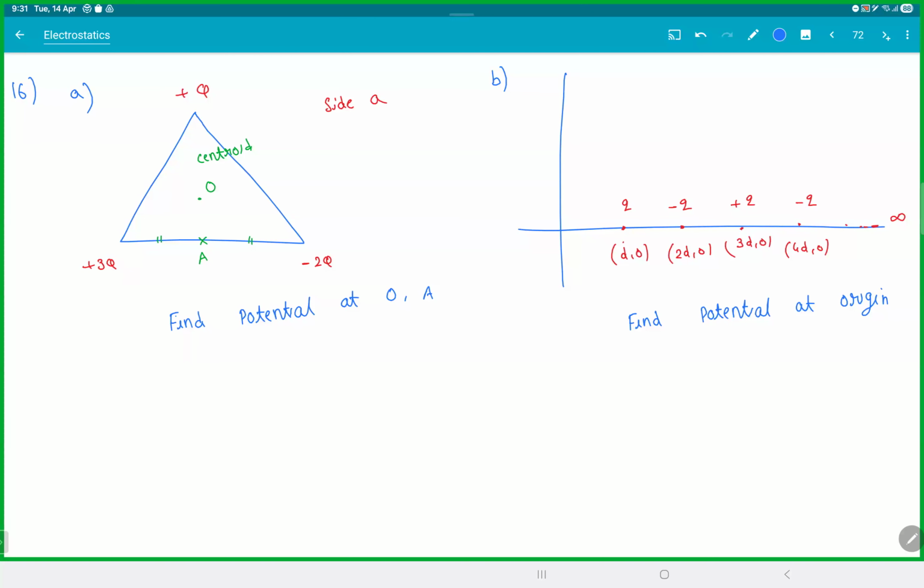Get the second one also. I'll give you another minute, then I'll show you both. Second would be a pretty good mains question. The charges are alternating, plus minus, plus minus, plus minus, till infinity.